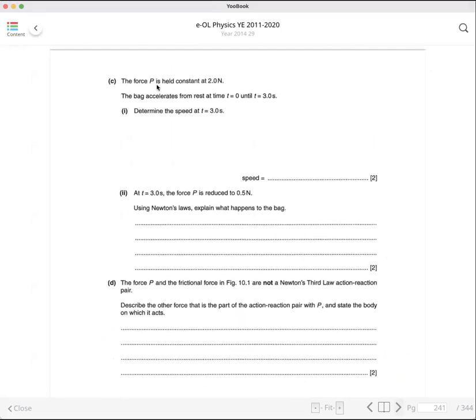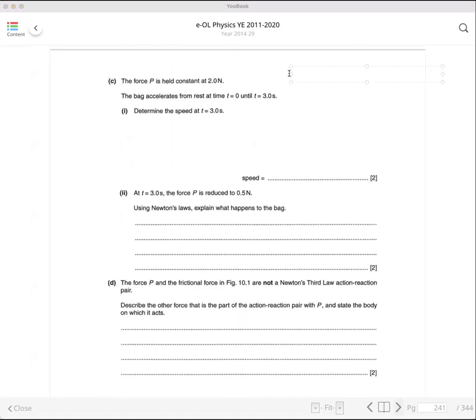Okay, so the force P is held constant at 2.0 Newton. So the box accelerates from rest. Let's do this one. Find the speed at t equal to 3.0 seconds.